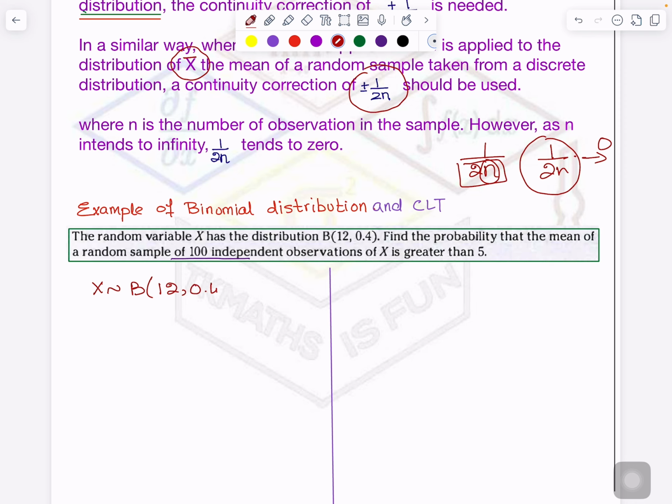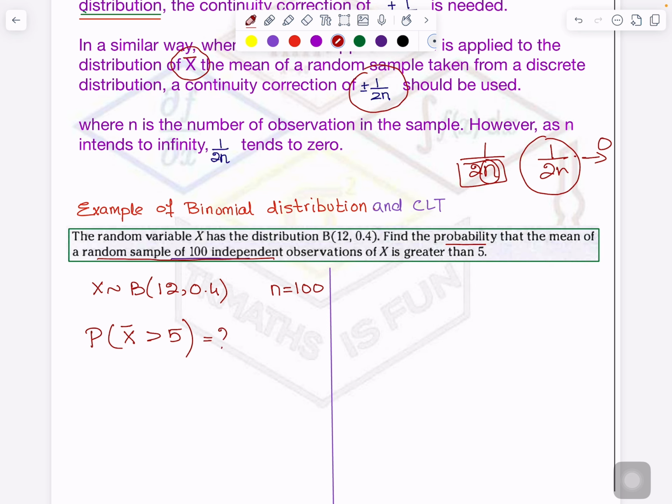We have to calculate the probability for the mean of a random sample of size 100 independent observations. The moment we see 100, we are talking about the sample mean here, and we have to calculate for greater than 5.